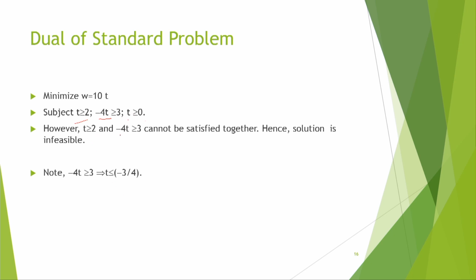However, t greater than 2 and minus 4t greater than 3 cannot be satisfied together, because minus 4t greater than 3 means t should be smaller than minus 3 by 4. One says t should be smaller than minus 3 by 4, the other says t should be greater than 2. So naturally this is an infeasible problem.